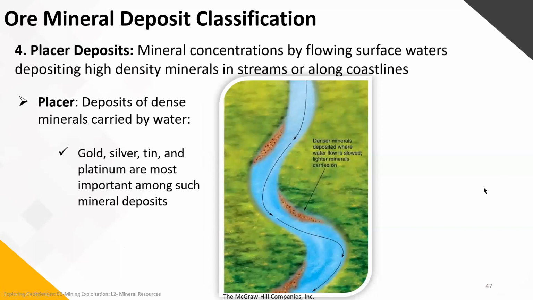The placer deposits: the mineral concentrations by flowing surface waters deposit high-density minerals in streams or along coastlines.